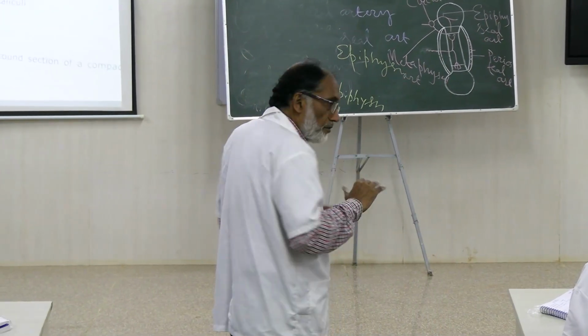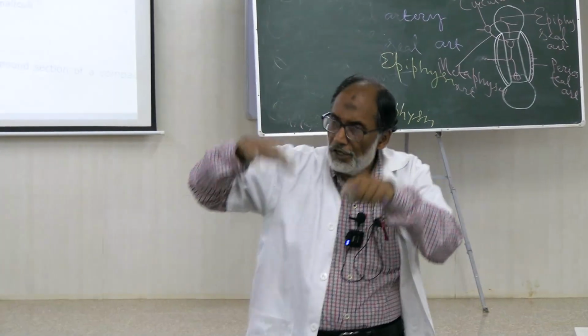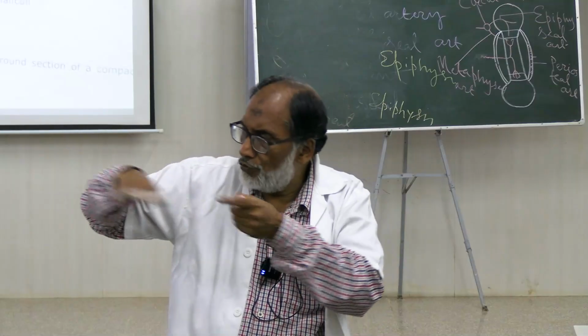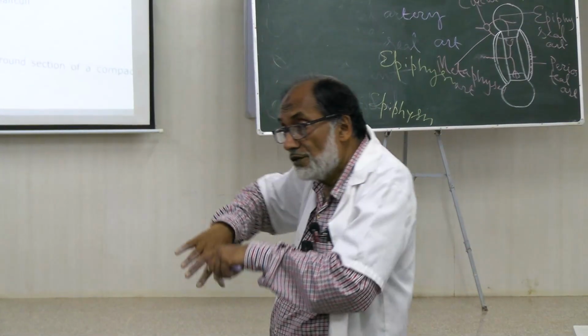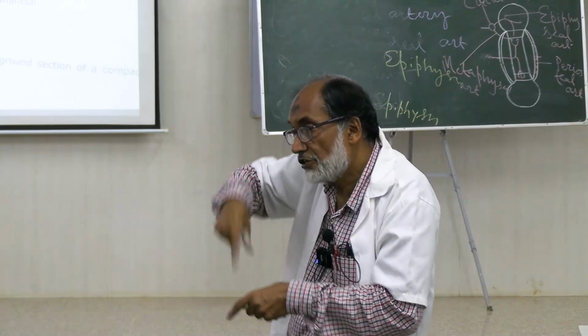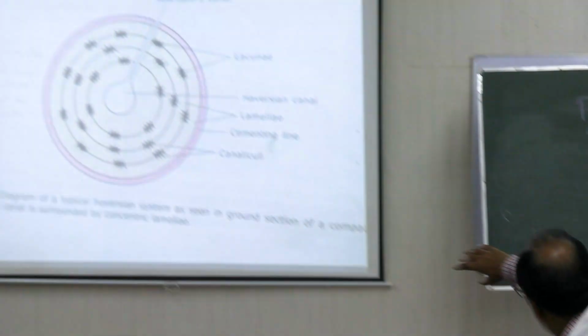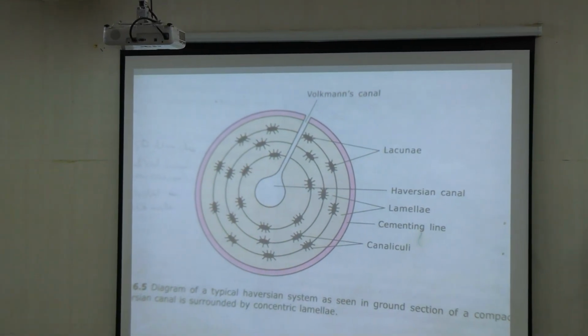First one layer will be formed, then another layer, and in this way layers of bone will be formed. Suppose there are 4 layers, concentrically arranged.